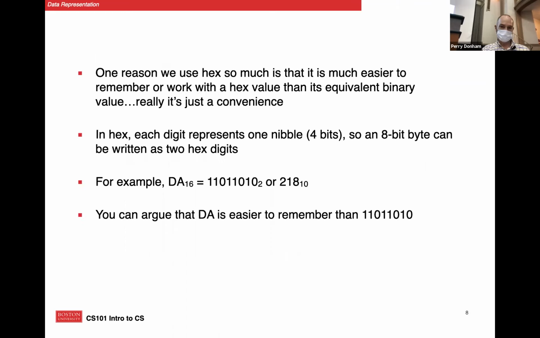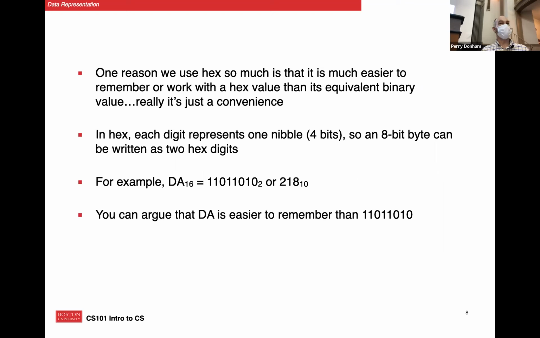So for example, each digit in hex is 4 bits. It makes sense. I've got 16 characters, 16 symbols, right? 0 through 9, A through F, so 16 things. How many bits do I need to go from 0 to 15? It's really the log base 2 of 16 is the question.